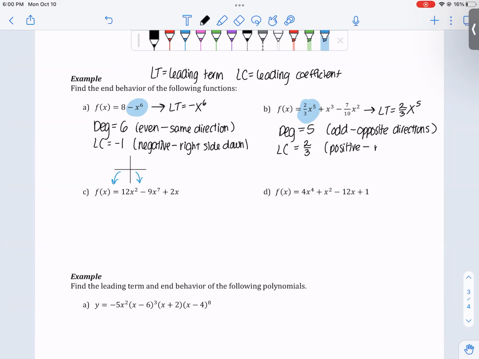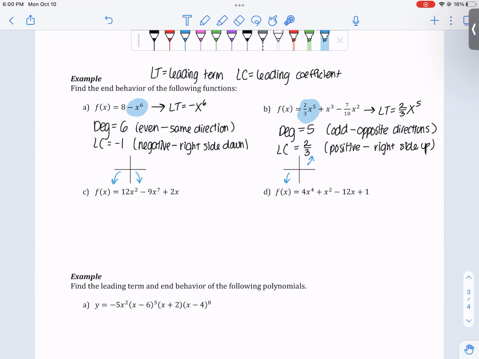So the right side goes up, and then it's odd, so opposite directions. That's what my end behavior would look like. Falls to the left, rises to the right.